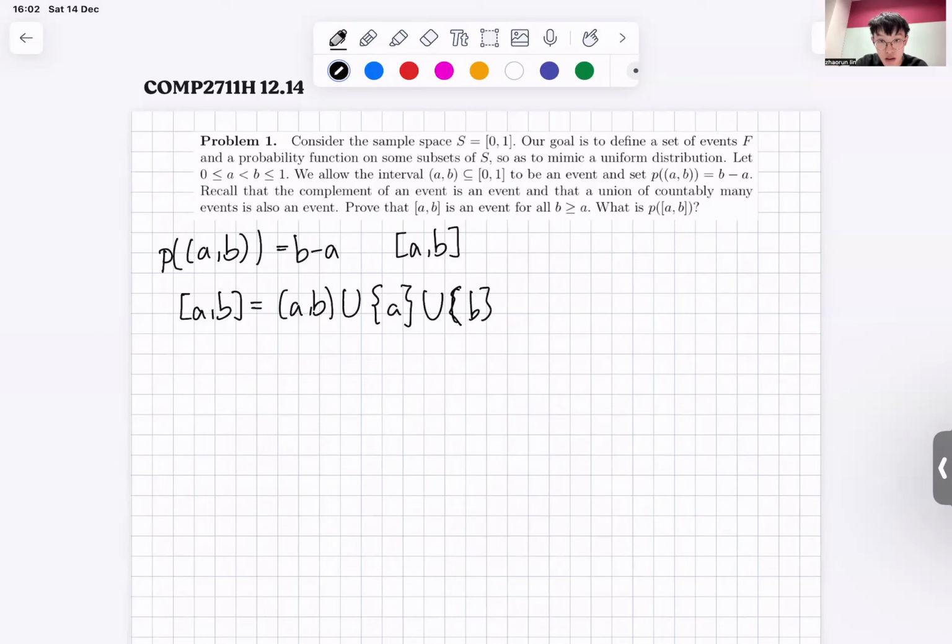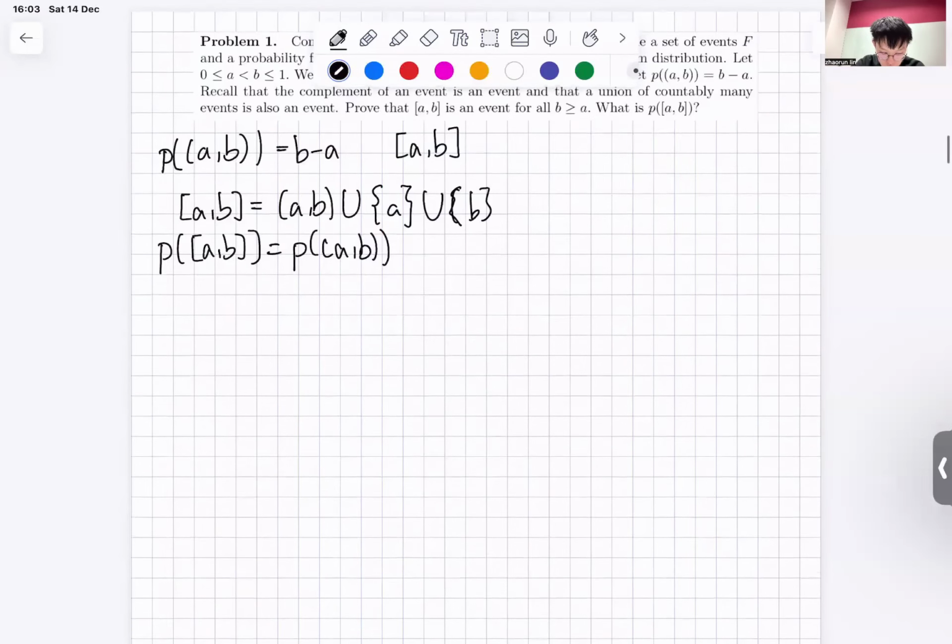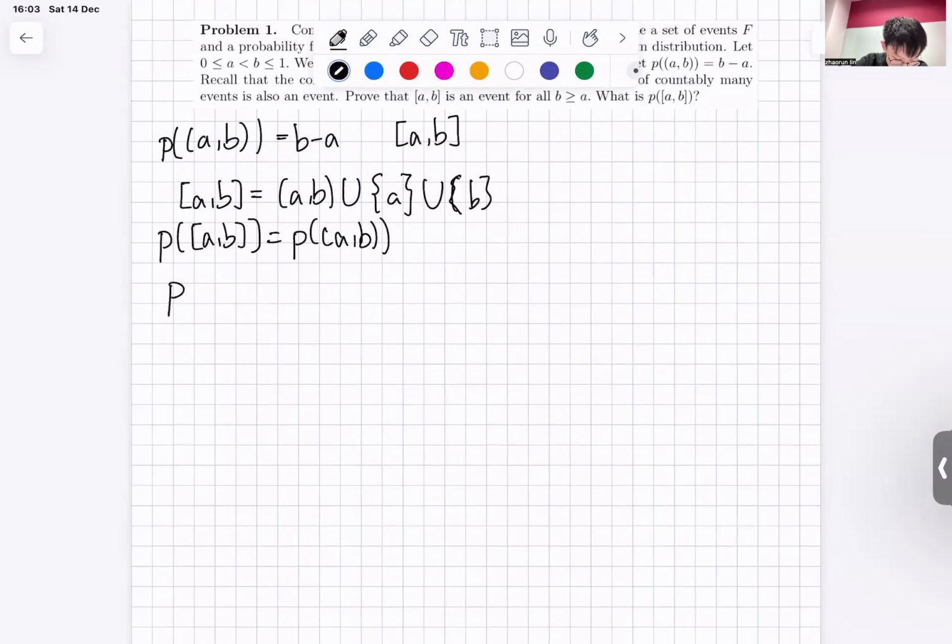We want to show that the probability of the closed interval is the same as that of the open interval. So it's just left to prove that the singleton events {A} and {B} have a probability of 0.